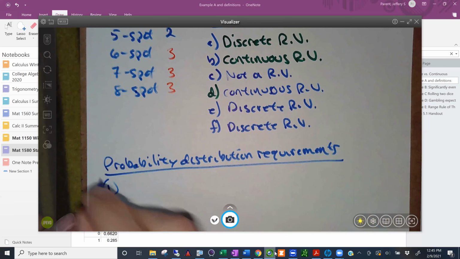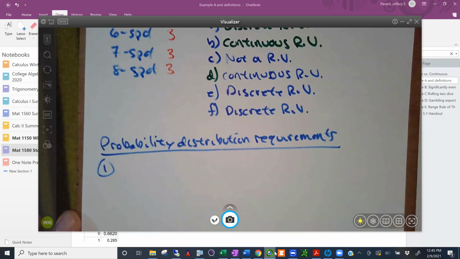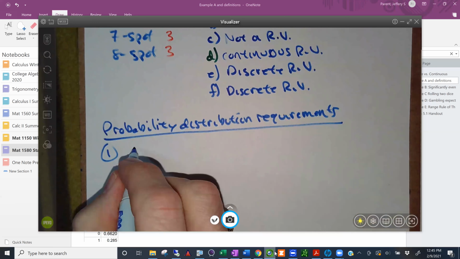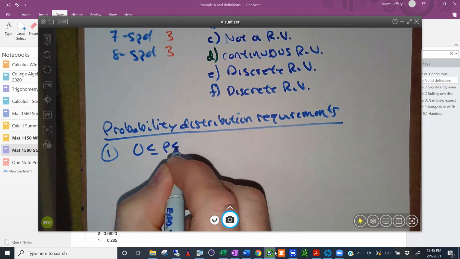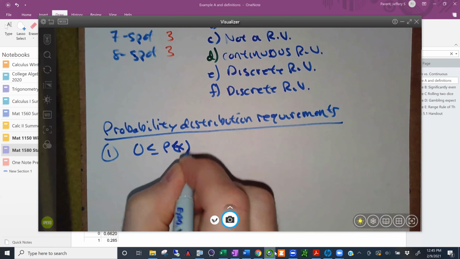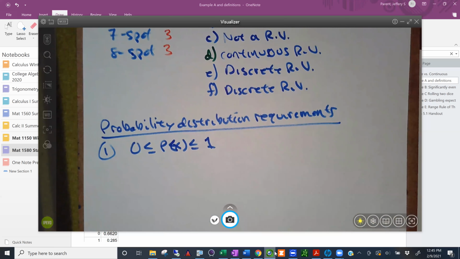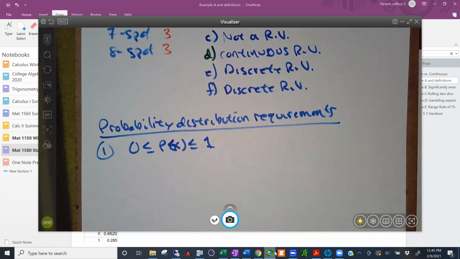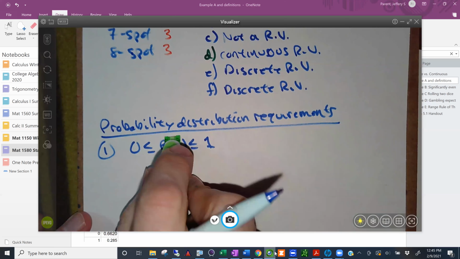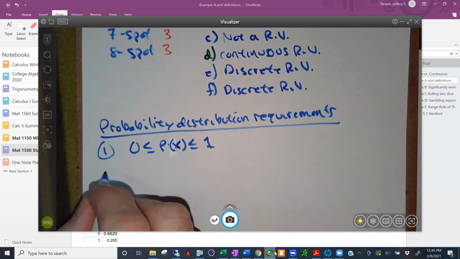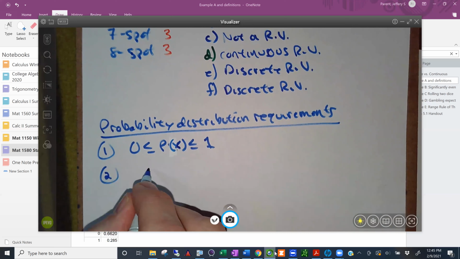There's two things, and maybe you saw one of them that was listed on our handout. The first is that all of your probabilities actually satisfy what we expect about probabilities. All of your probabilities are between 0 and 1. You can't have a probability outside of that range. And the second one, let me see if you guys can get this one.